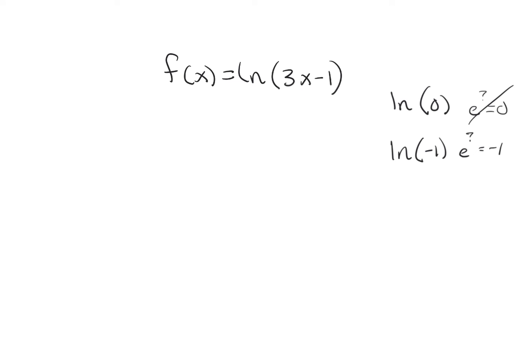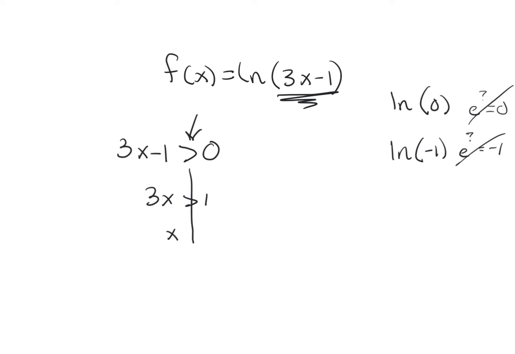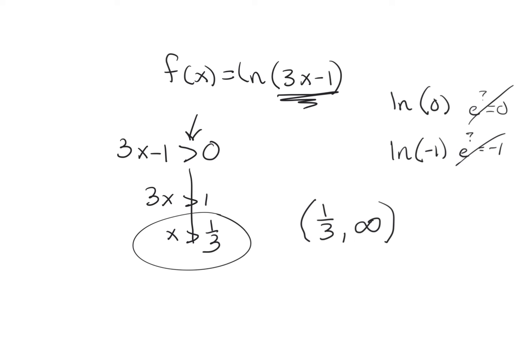To what power is negative 1? Not going to work. So when you're taking the logarithm, that 3x minus 1 has to be greater than 0, but cannot be 0. So if I solve this, I'll have x is greater than 1/3. So all values starting at 1/3, but not including 1/3, and then all the way up to positive infinity.